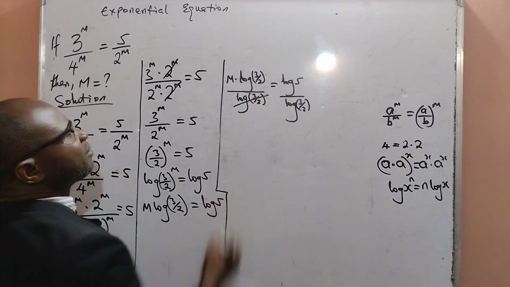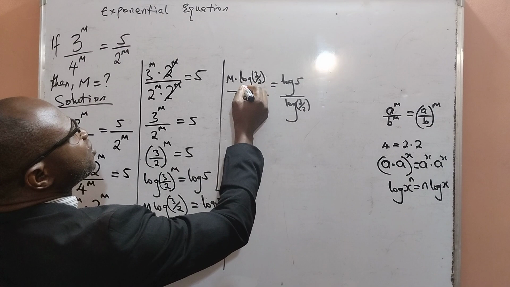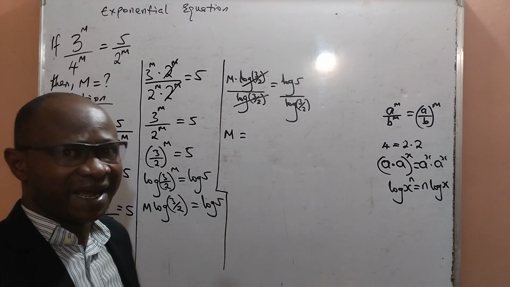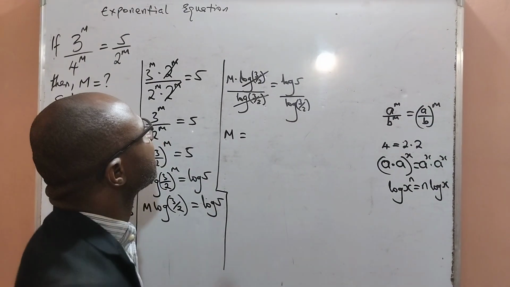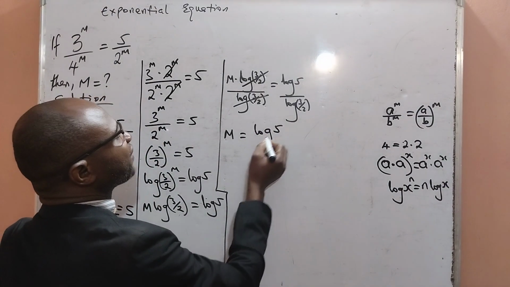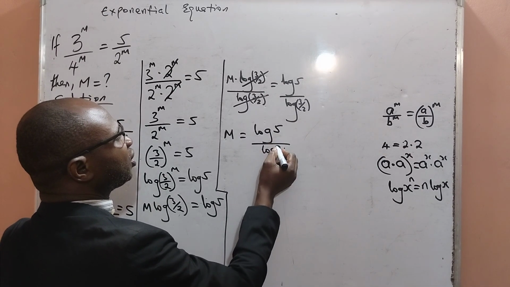So on the left hand side, the log of 3 over 2 will cancel out, leaving me with m. This is what I am looking for, the value of m, equal to the logarithm of 5 all over the logarithm of 3 over 2.